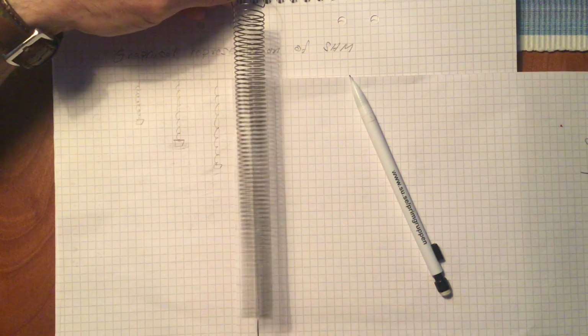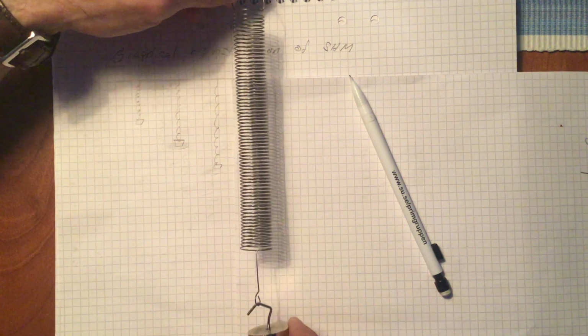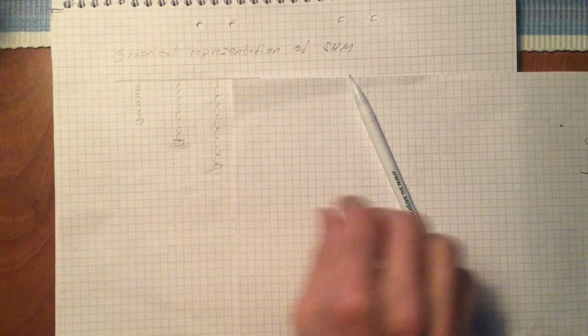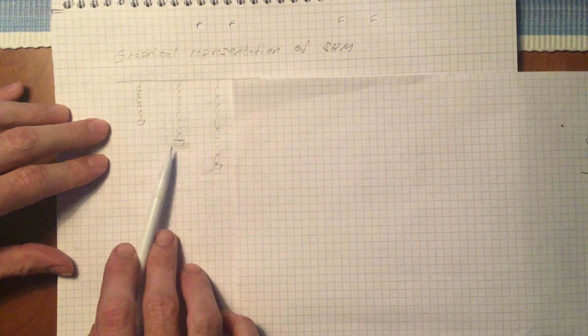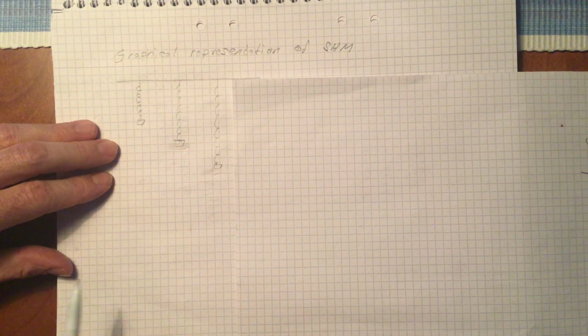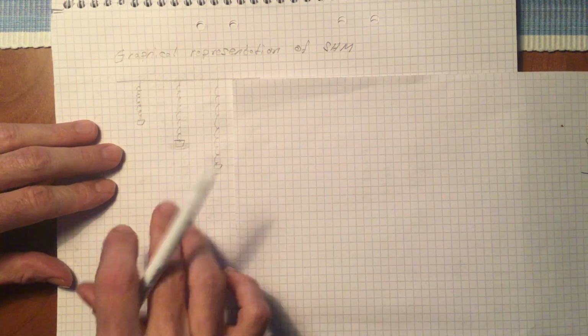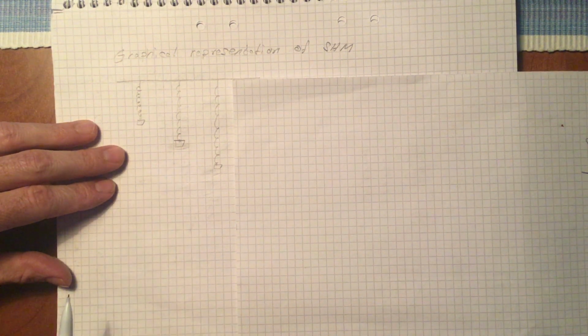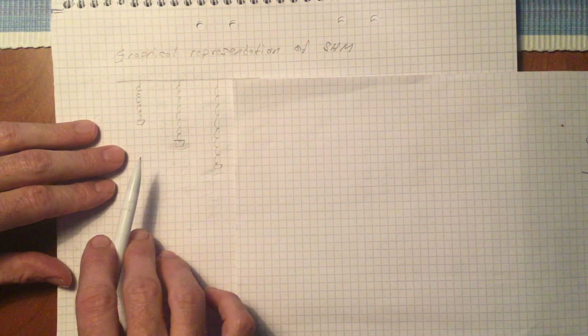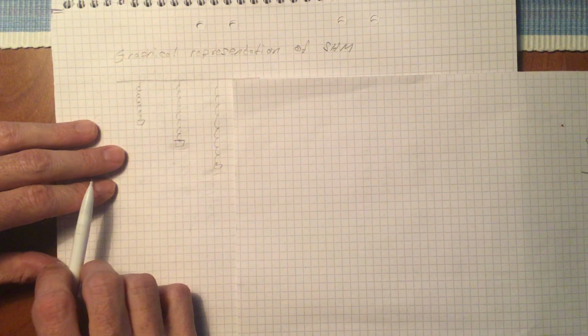It's moving back and forth. And I have sketched in 3 different places here what's happening, and I will show you with forces on it to start to answer questions about graphical representations.